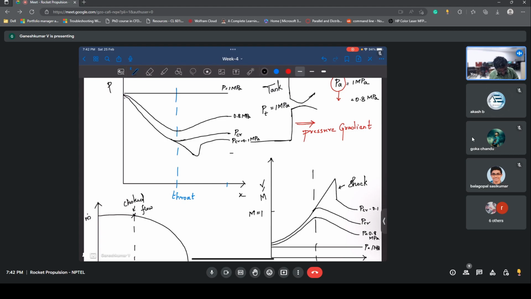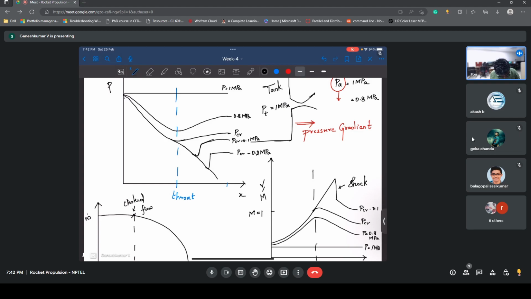If you keep reducing this pressure, let's say PC is 0.1 megapascal, now you reduce it to 1 megapascal, and then to another 2.2 megapascal. Now what happens is, since the flow is even more accelerated, this shock is going to move like this, and then it's going to reach this.